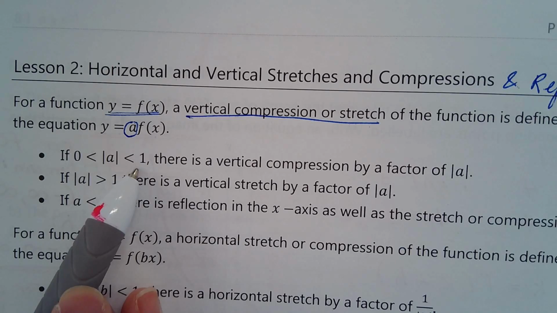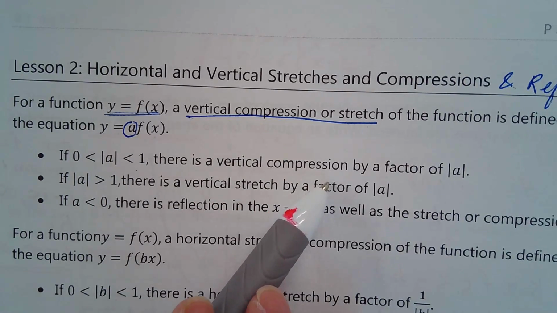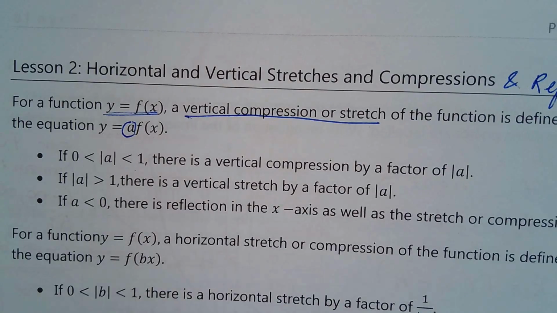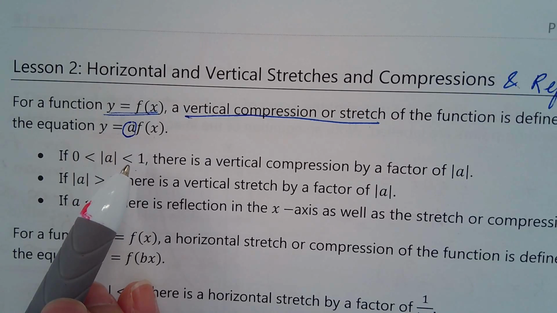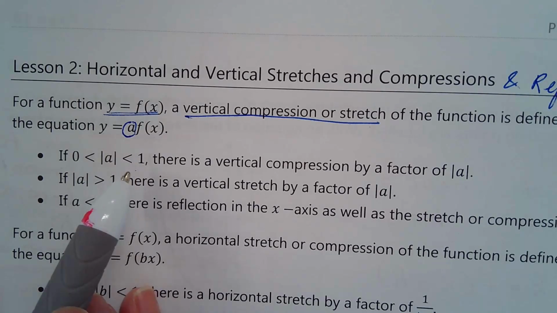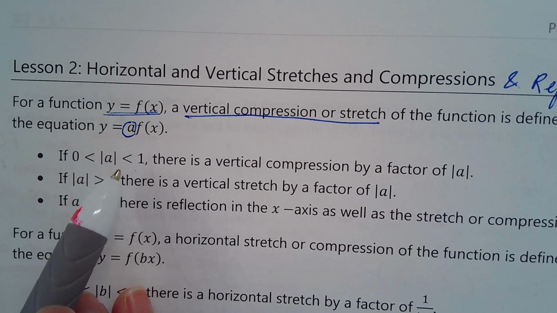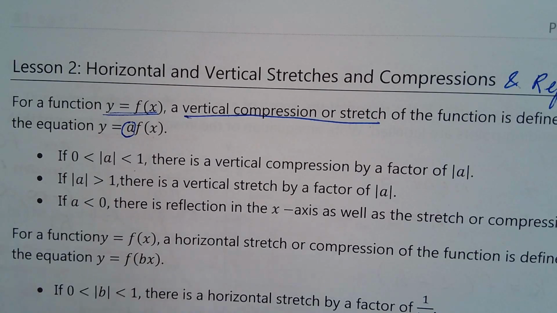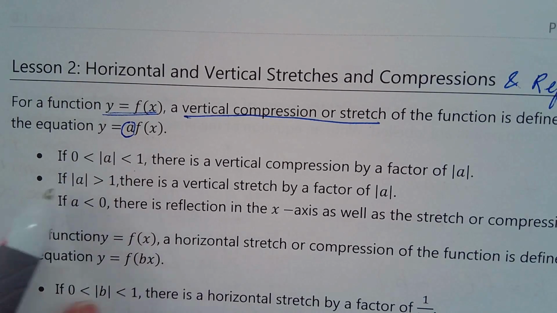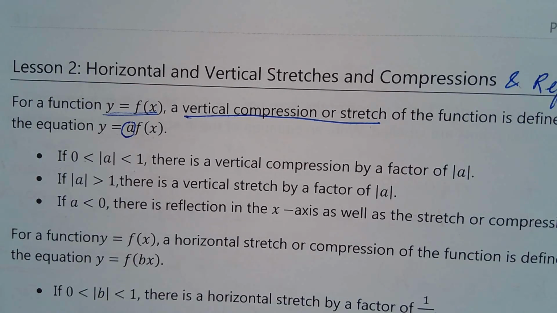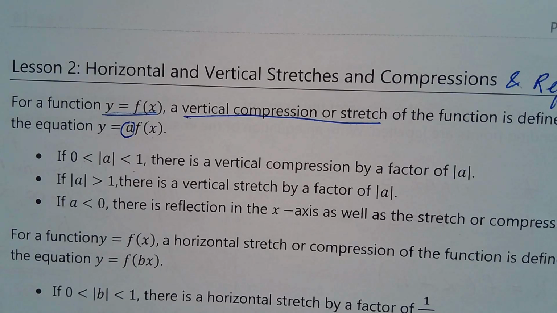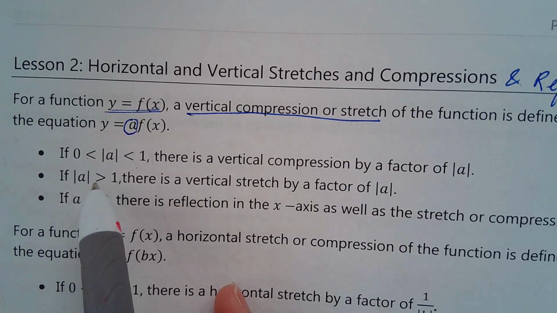If it's 0.5, we're going to have a compression by a factor of the absolute value of a. Can you give me another number between 0 and 1? Negative 0.5, yes, the absolute value of negative 0.5 is also still positive 0.5. Or 0.75. So anything that's between 0 and 1, we're going to have a vertical compression.